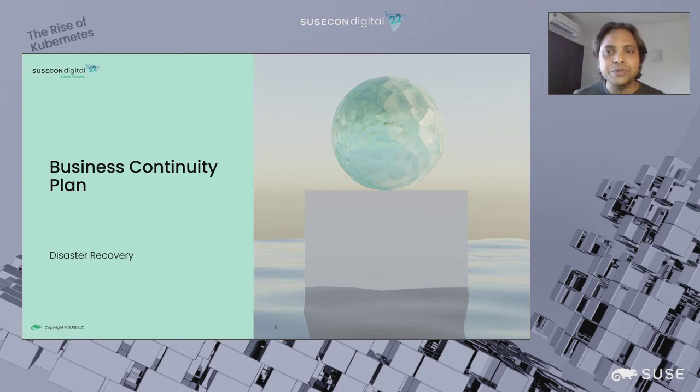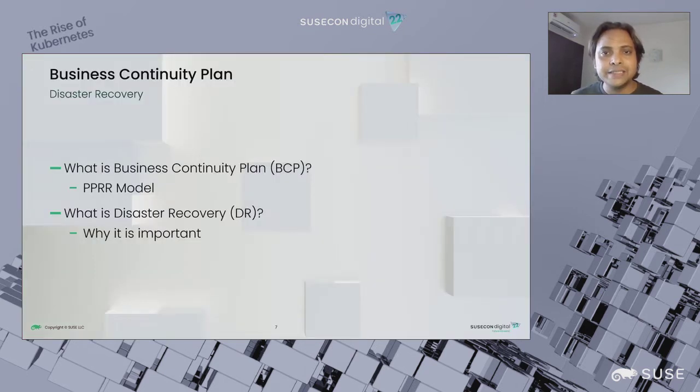So just let me take you through those things in a little bit more detail. BCP focuses on the planning part, which ensures that business critical functions remain operational during and post the disruptive incidents.